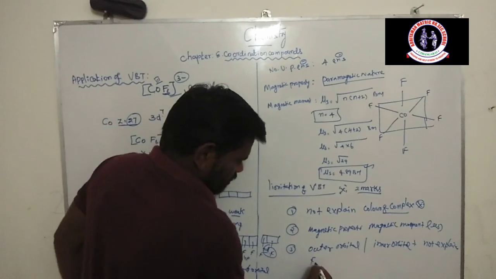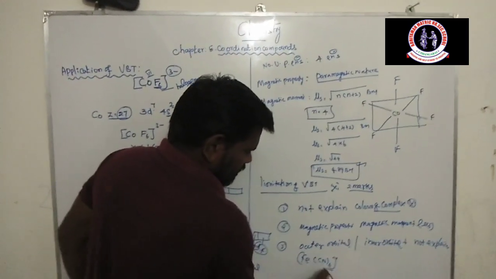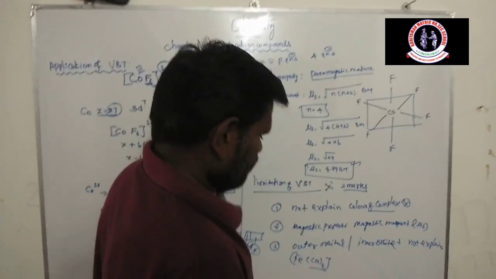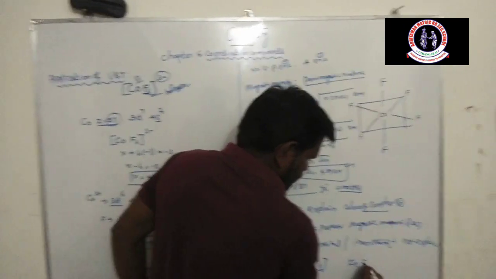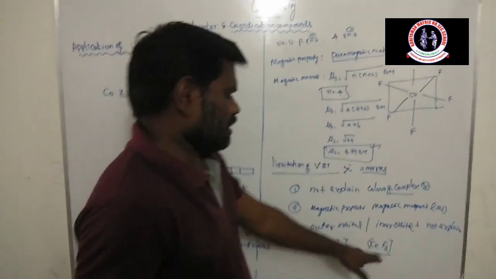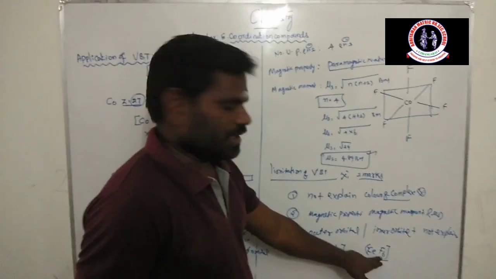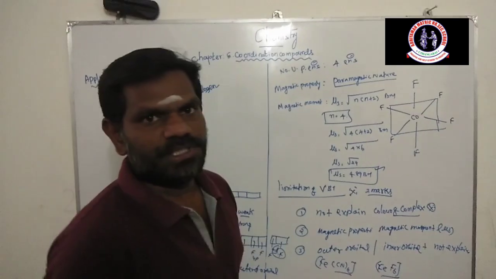For example, hexacyanoferrate has a strong field ligand and is low spin, but hexafluoroferrate is a high spin, outer orbital complex. Why is this not explained in the VBT?